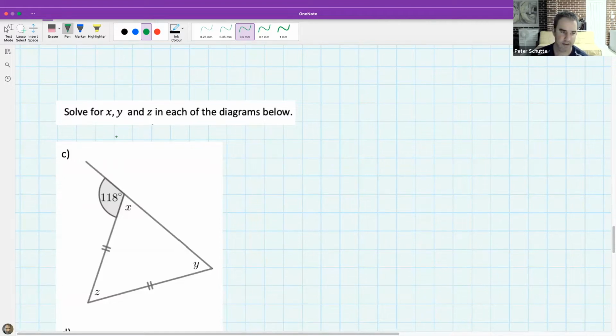What would x have to be? What rule or what tool do you know about from earlier grades? What do you know about that angle is the question.